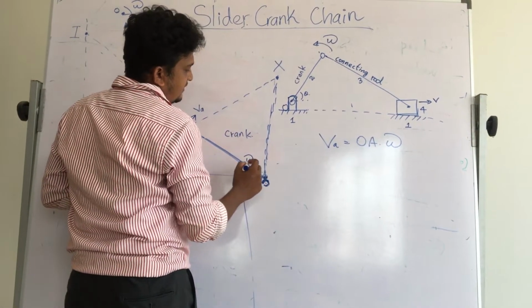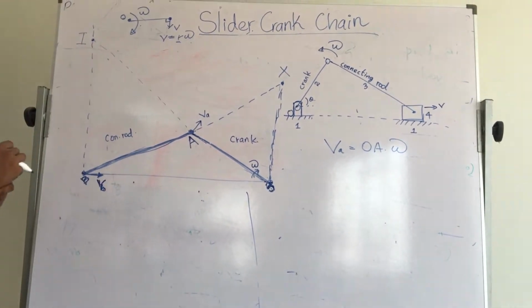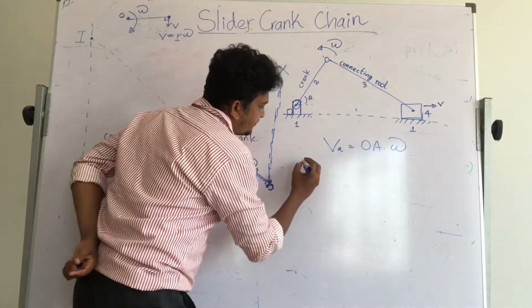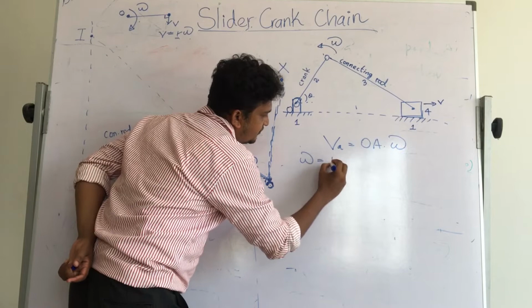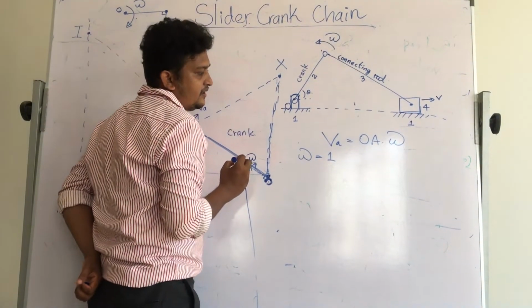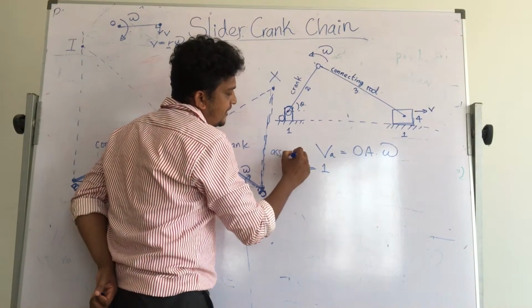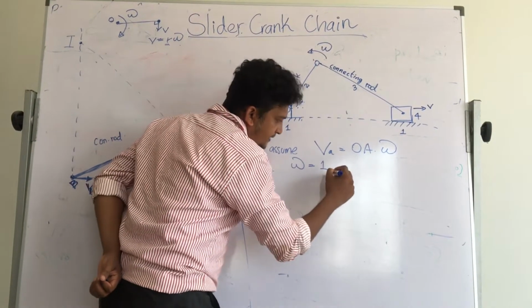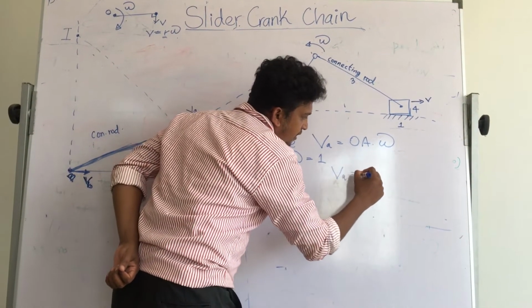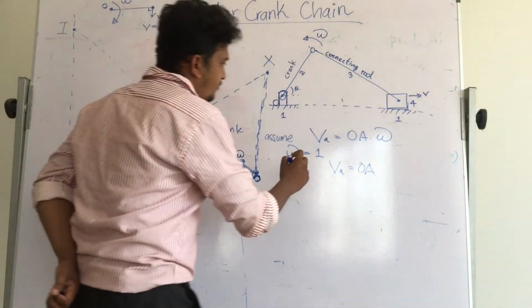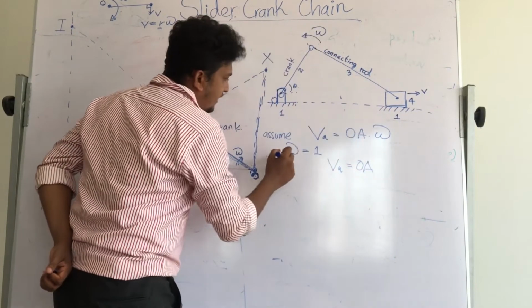Let's say it rotates at omega velocity. In this practical, we are going to assume omega is unit 1. If we assume omega equals 1, then VA equals OA. Clear?